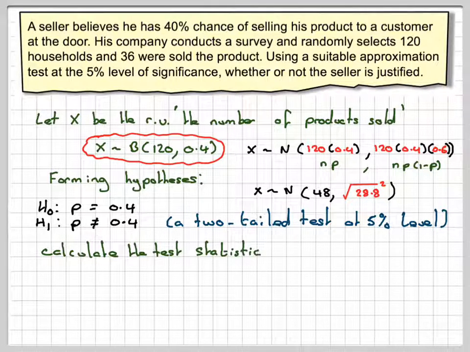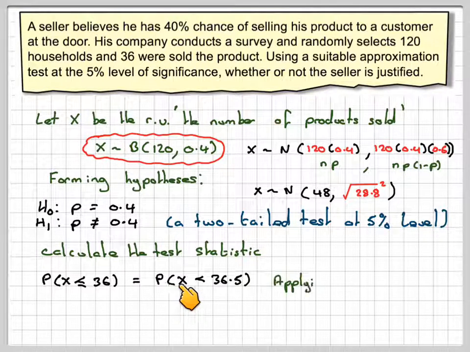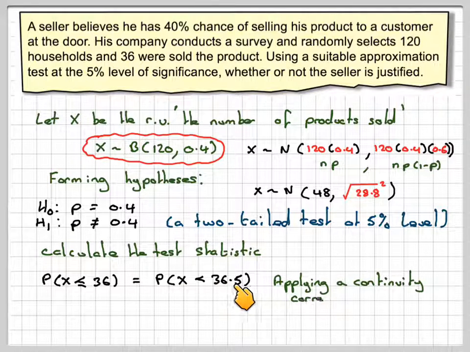Calculating the test statistic, the probability that X is less than or equal to 36. Because we're now applying a normal approximation, we have to do a continuity correction, so that means that X must be less than 36.5.